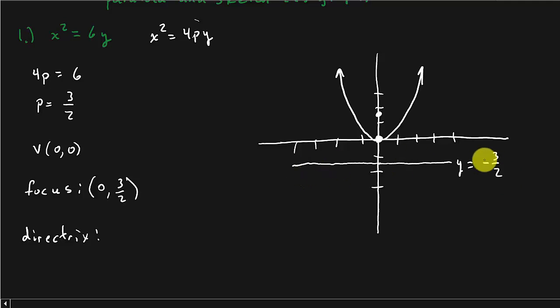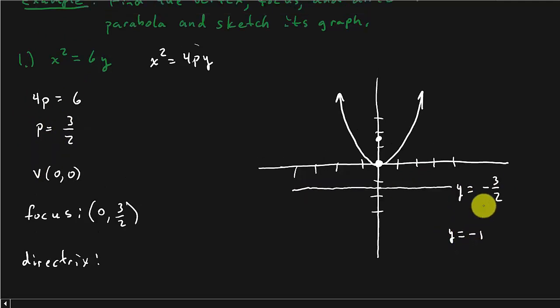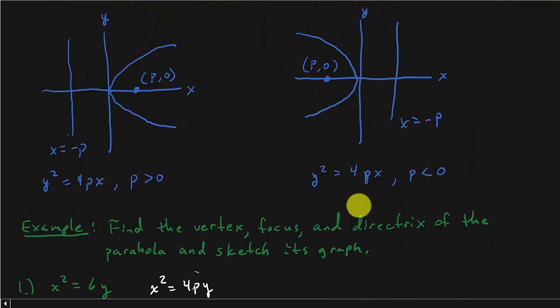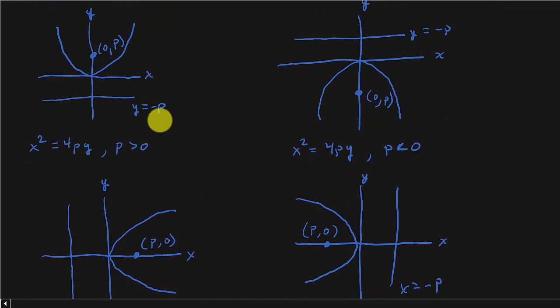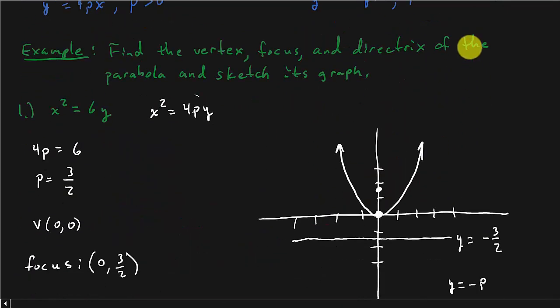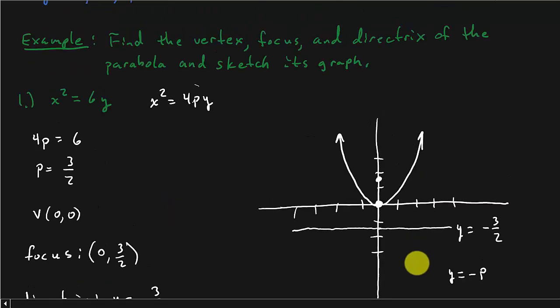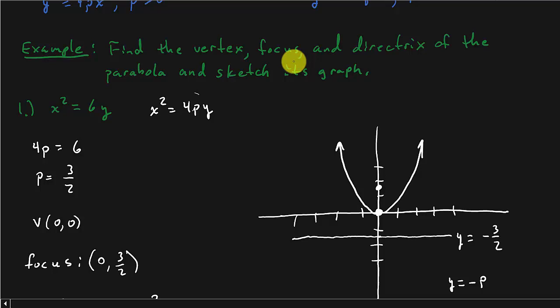And remember, this is y equals negative p, that's what it told us up here. So that's y equals negative 3/2, and there's our directrix. So we found the vertex, the focus, and the directrix, and we sketched the graph.